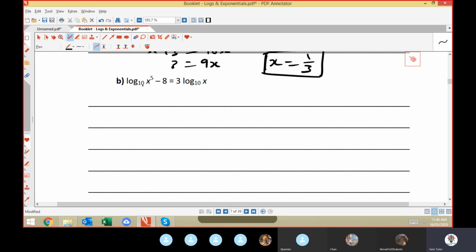Let's try it again. Again, your first line is log x to the power of 5 over log 10 minus 8 equals 3 log x on log 10. I'll let you think about that.